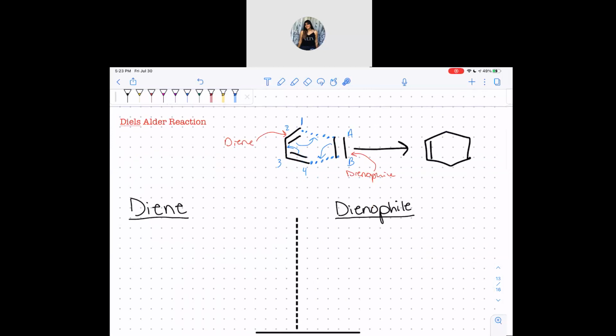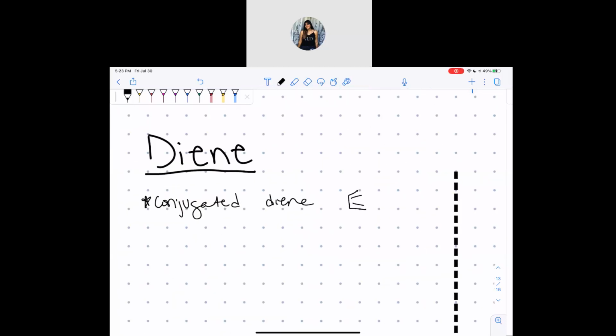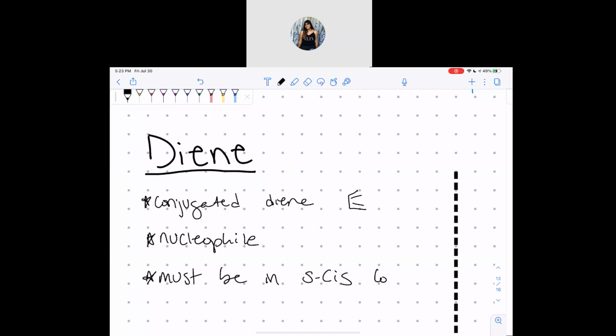So a diene is a conjugated diene, aka something that looks like this. And I'll zoom in while I write it because I'm writing kind of tiny. The diene is the nucleophile. The diene must be, so it must be in an s-cis conformation.